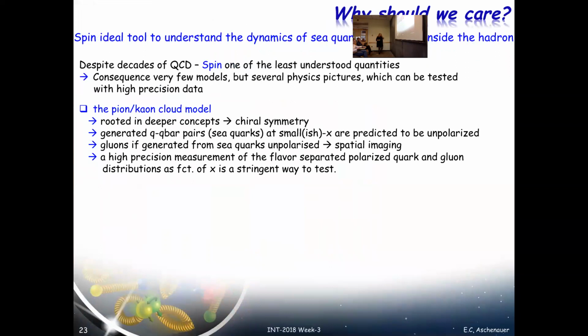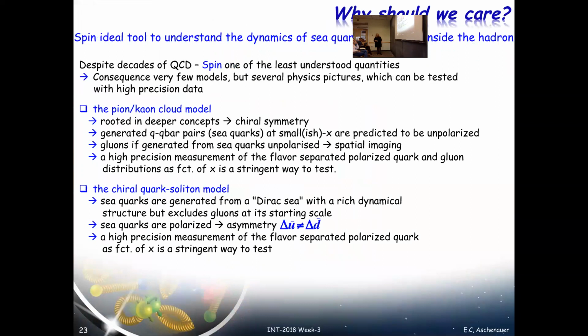Depending on what model you have, there are not a lot of models which predict the spin decomposition, but if you have pion and kaon cloud models, what it would mean is that your strange quarks should be unpolarized. So that is an interesting test. You have some chiral quark soliton models which predict how the imbalance between u bar and d bar is, and we have the unpolarized, the helicity, and then the question is also the transverse, and what would we see?